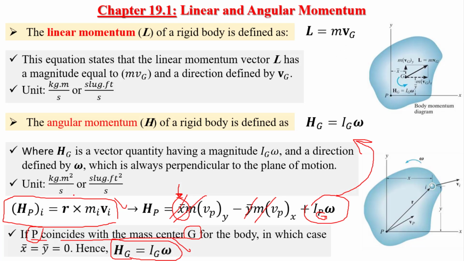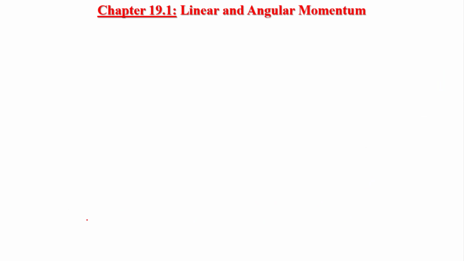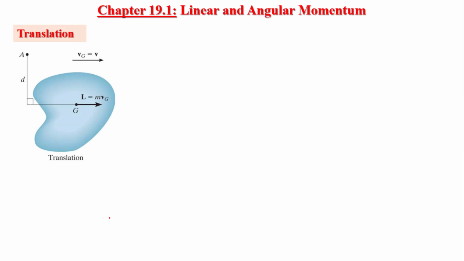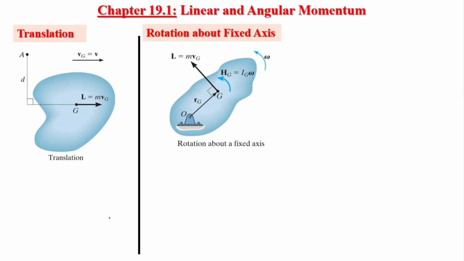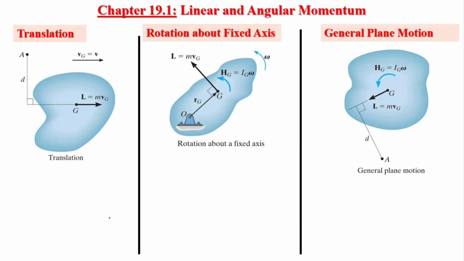Now let's see the scenarios. You know that the rigid body has translational, rotational, and general plane motion. If we have translation and we wish to find linear and angular momentum, you can notice that the linear momentum is equal to mass multiplied by V, because translation happens at a certain velocity.